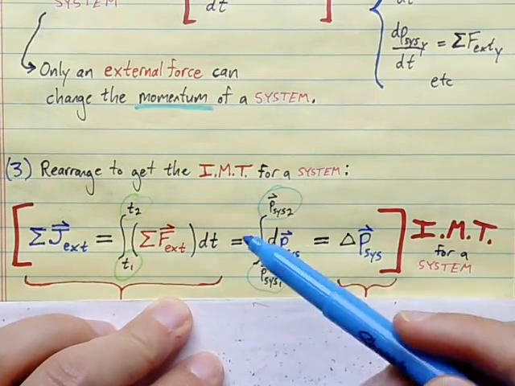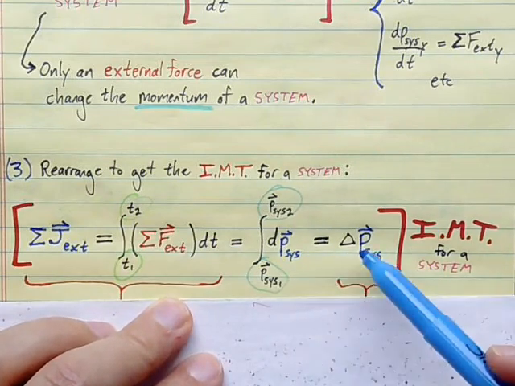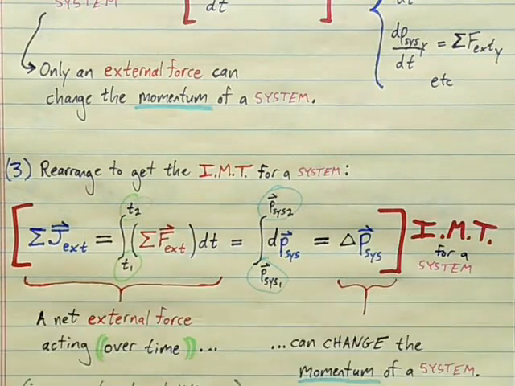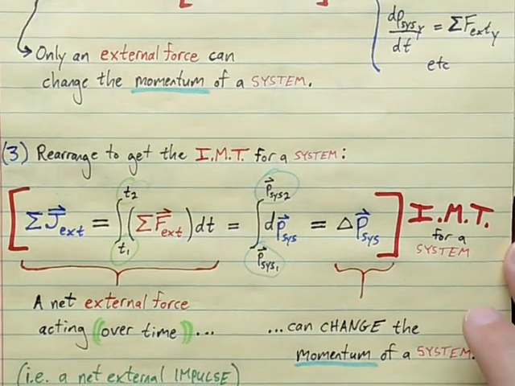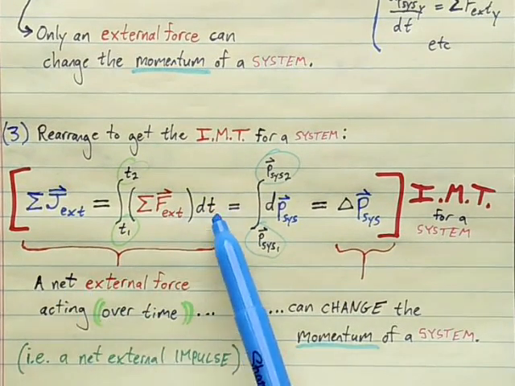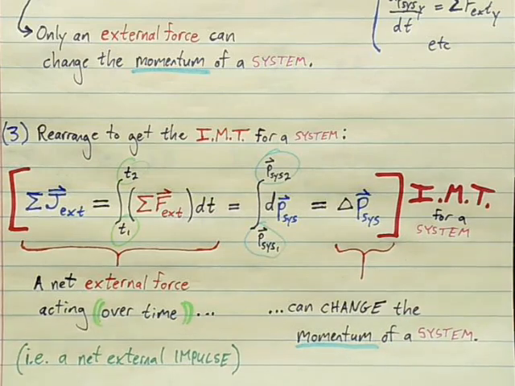Oh, and if we add up all these small changes in the momentum of the system, we get the large change in the momentum of the system, delta p_sys. This is stating that a net external force acting over time, that is a net external impulse, can change the momentum of a system.